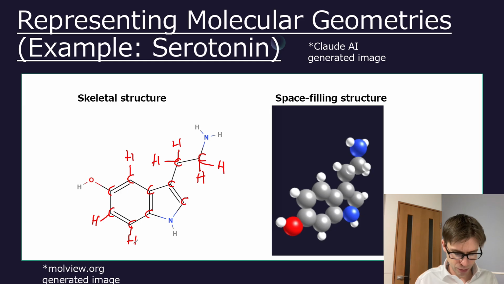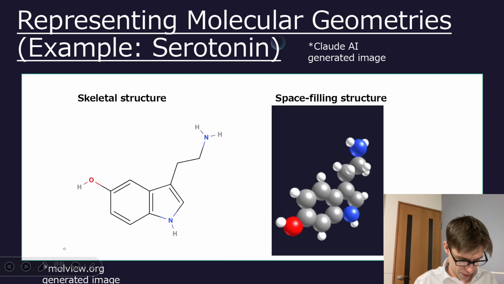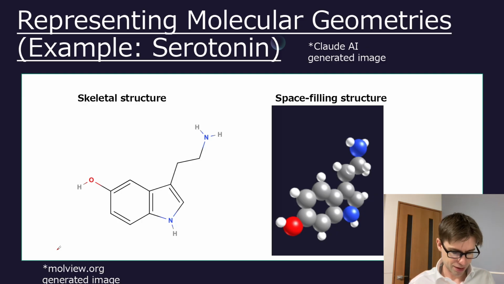A couple of the carbons in this ring structure already have 4 bonds, like in the top left with the OH group, or the bottom right with the N. But this one also on the right must also have a hydrogen to have 4 bonds. So it's really important to be able to identify where there are actually extra hydrogens attached. Okay, let me clear this up. I think those are basically the rules for understanding skeletal structures.